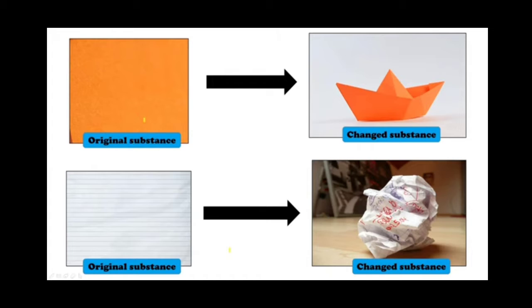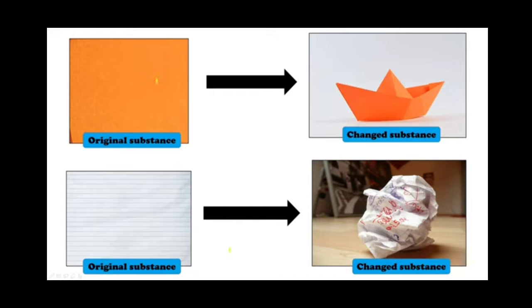You see a paper here, the original substance, and you made a paper boat. So this was the original substance, paper, and we made a paper boat out of it. So this is a change in substance. Now I want my original substance back. I want my paper back from my boat.